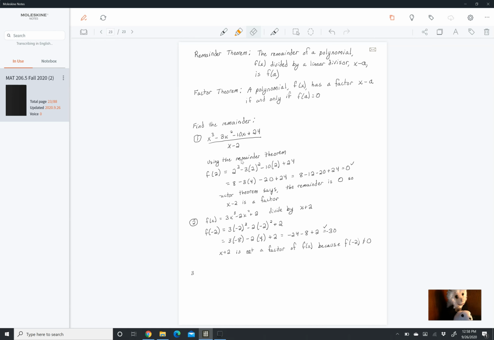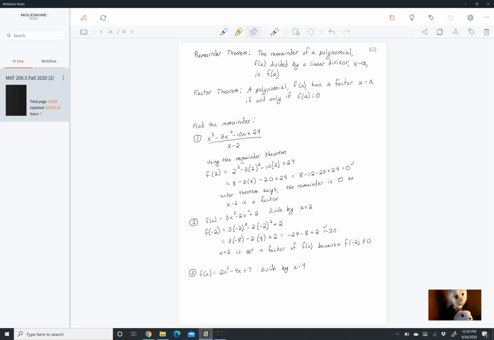Let's take one more. So using the remainder theorem, let's do a different one. Let's do one that we haven't done before. F of x equals, let's take 2x cubed minus 4x plus 7. Let's divide by x minus 4.